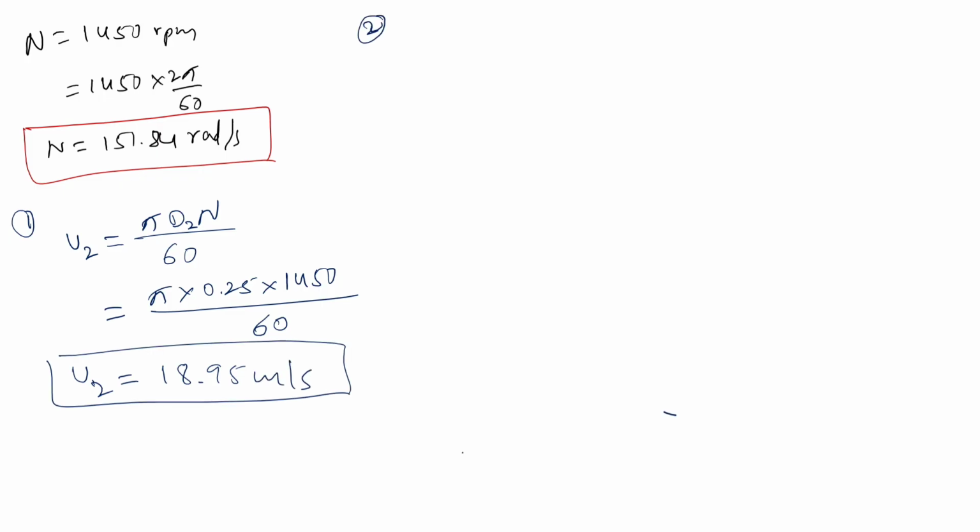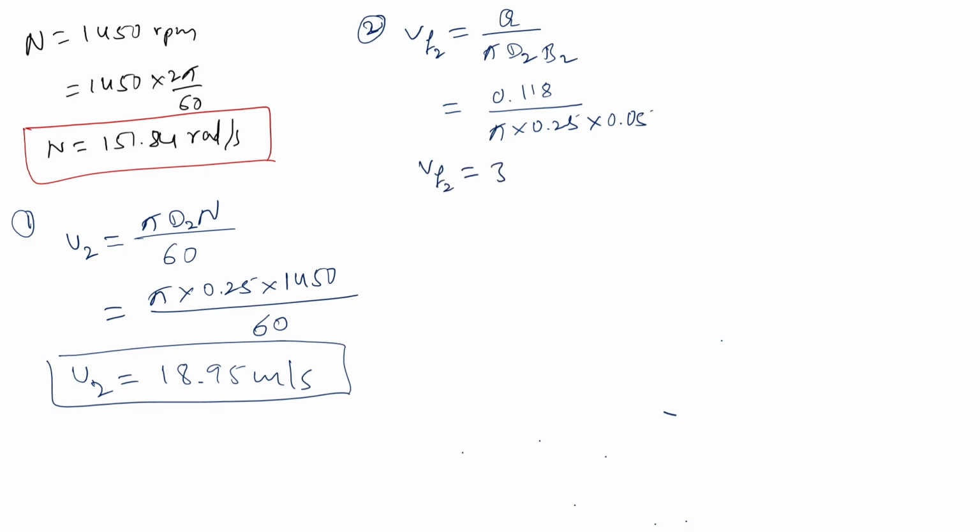Second one, radial velocity vf2 equals Q divided by pi d2 b2. Q is equal to 0.118 divided by pi multiplied by 0.25 into b2, which is 0.05. vf2 equals 3 meter per second.